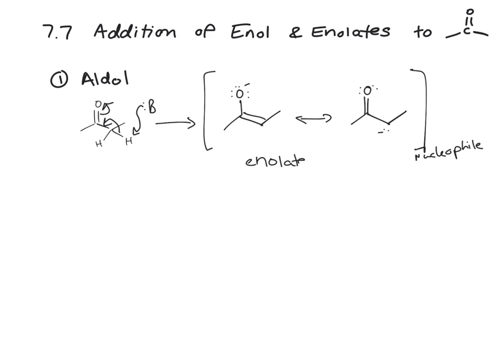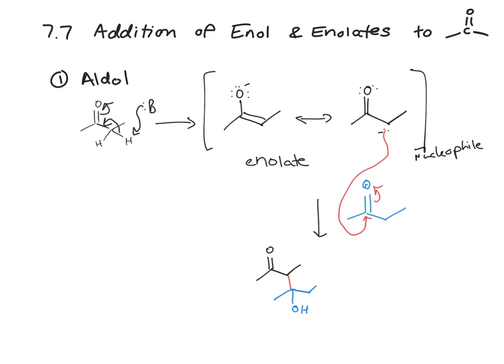So then we're going to attack a second molecule of that same ketone or aldehyde. Now this enolate nucleophile is going to attack the carbonyl carbon. So we end up, I'm going to try to draw this stacked on top of each other, showing where everything gets connected. So here's the new bond, and here's where it connects into your second molecule of, in this case, 2-butanone.